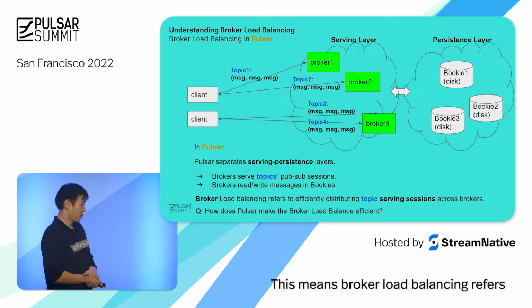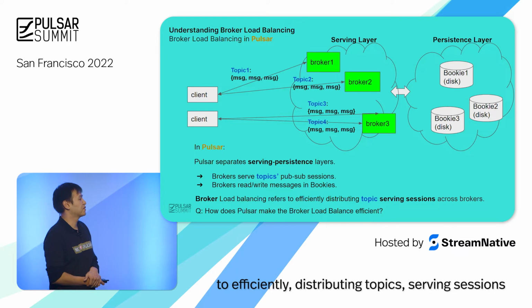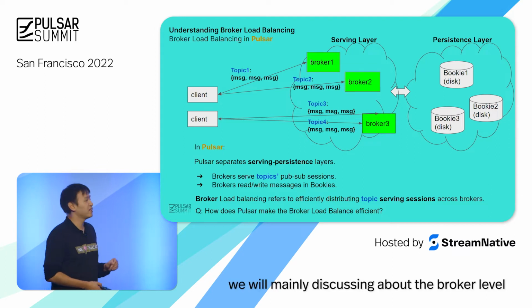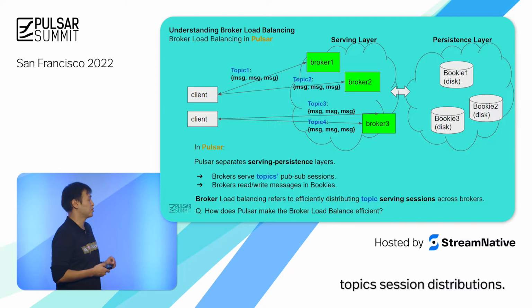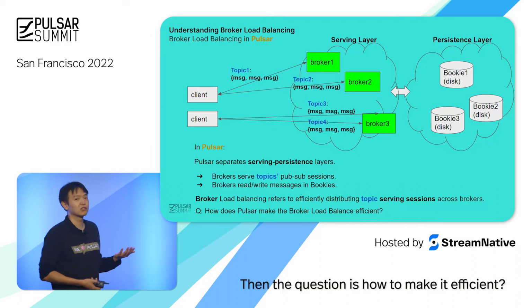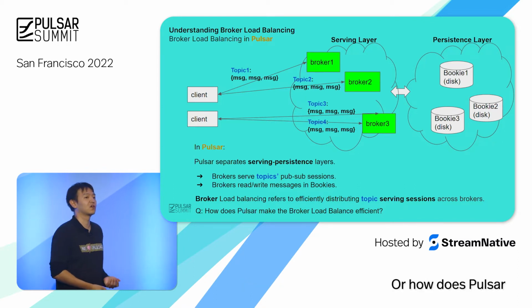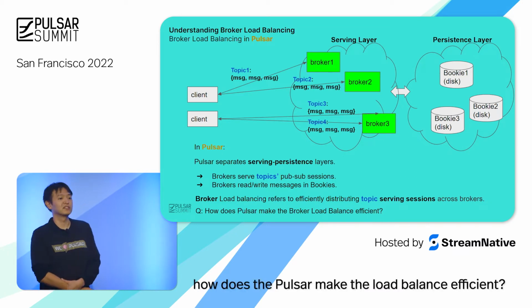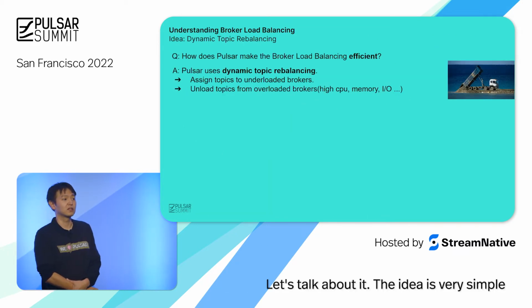This means broker load balancing refers to efficiently distributing topic serving sessions across the brokers. So in this talk, we will mainly discuss the broker level topic session distribution. Then the question is how to make it efficient, or how does Pulsar make the broker load balance efficient? Let's talk about it.